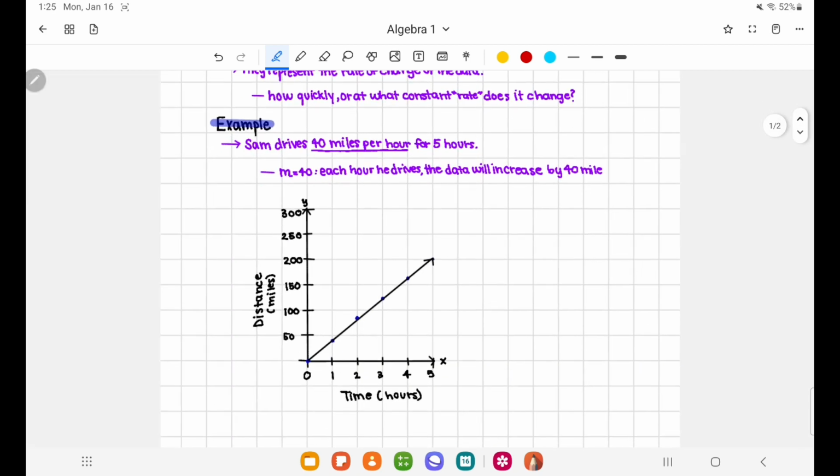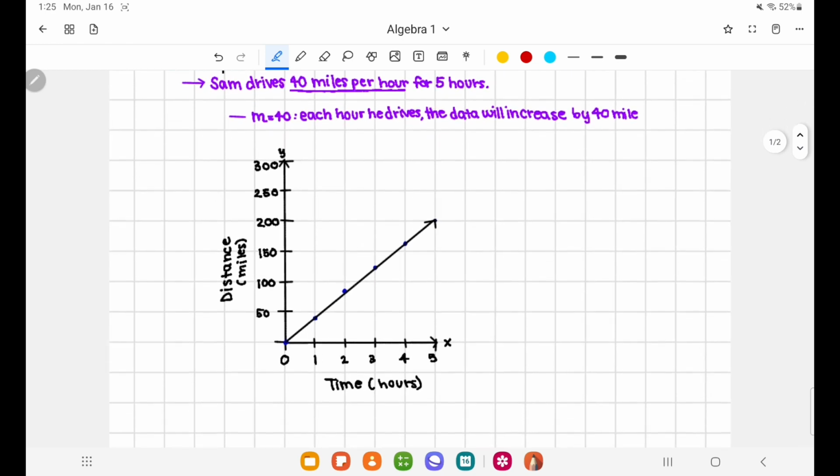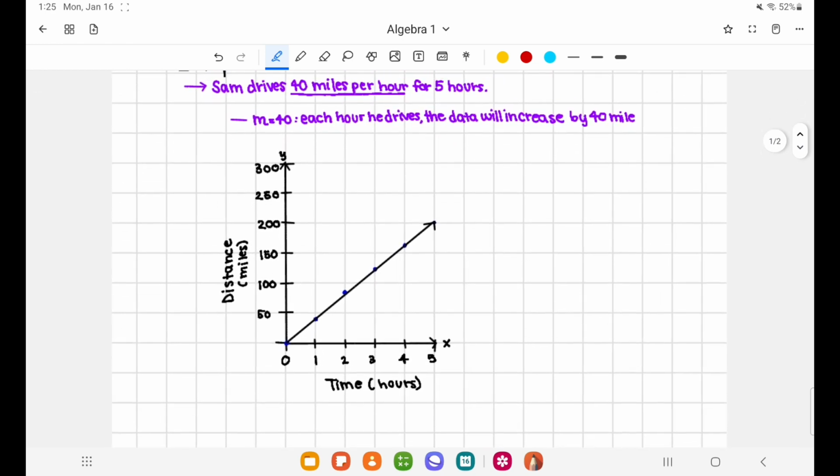Let's say that a graph like this is given to represent our current situation. We have time in hours on the x-axis because it is the independent variable, and we have the distance in miles on the y-axis, and we've plotted it so that it's accurate for each mile for 5 hours.